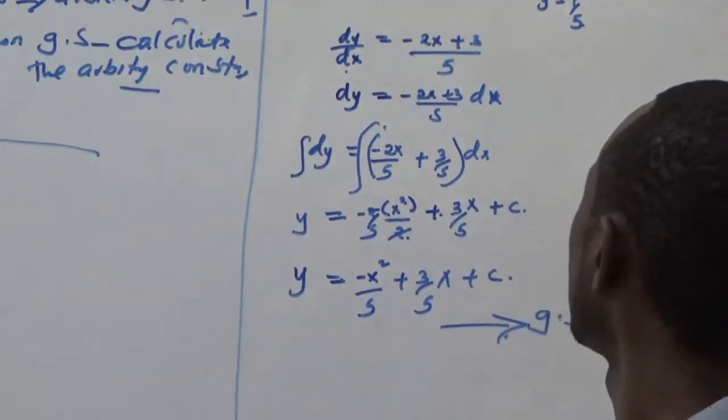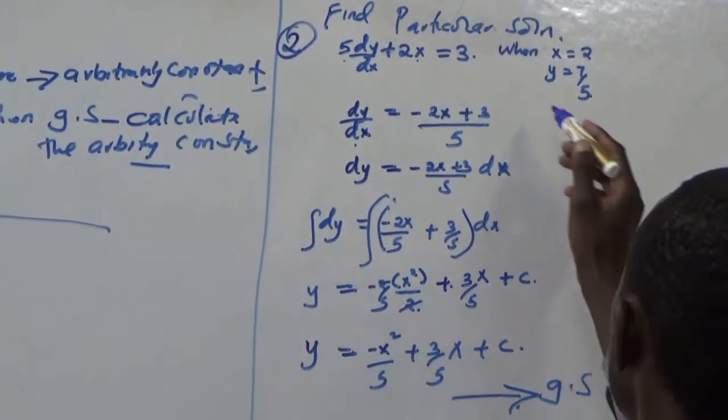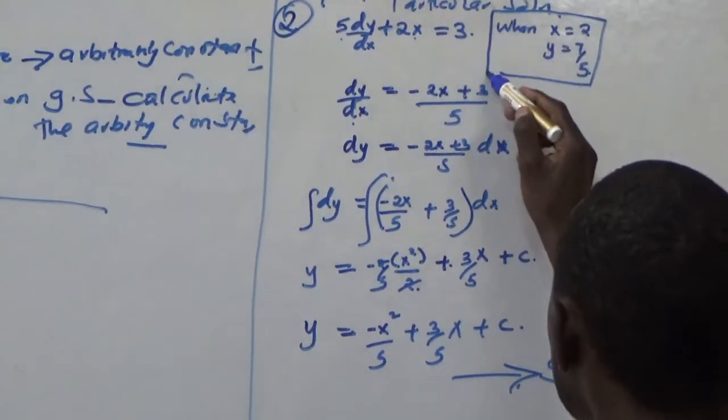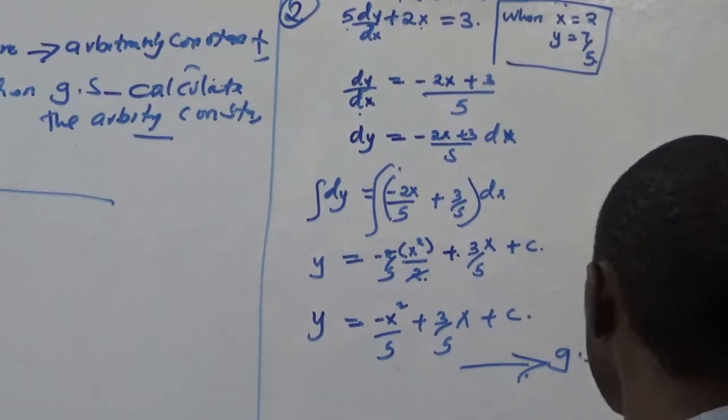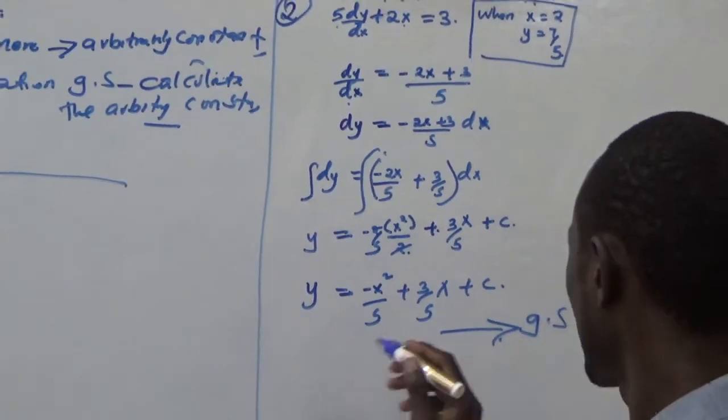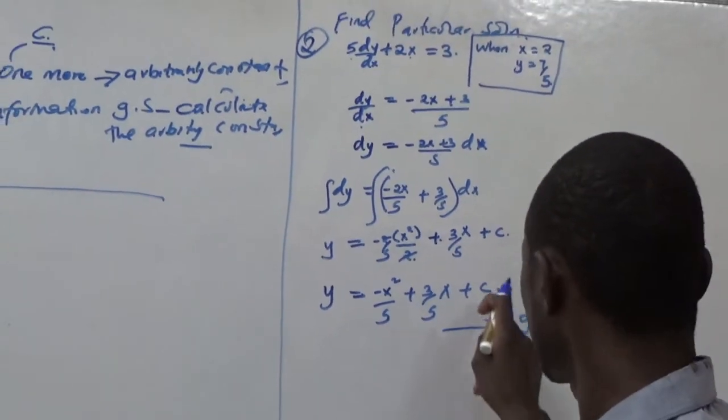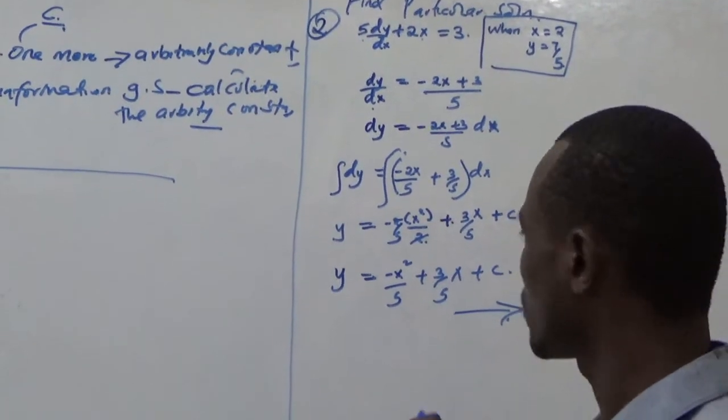But we have been told to find a particular solution. So there is some additional information which is given. In this case we have where x is equal to 2 and y equals to 7 over 5. So we just substitute and then continue to find the value of c, then we substitute to get the particular solution.